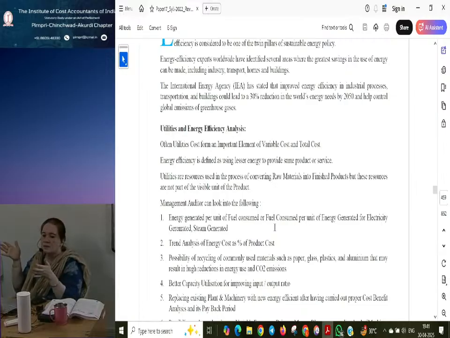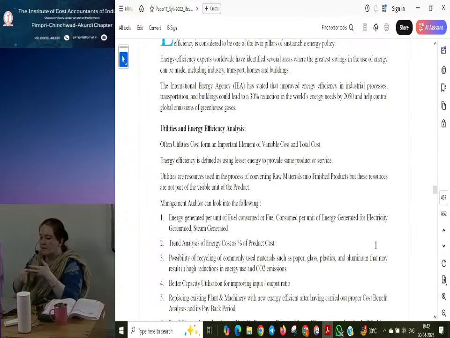So energy and power are part of utilities. Then there is the possibility of recycling commonly used materials such as paper, glass, plastics and aluminum, which will result in high reductions in energy usage and carbon dioxide emissions.